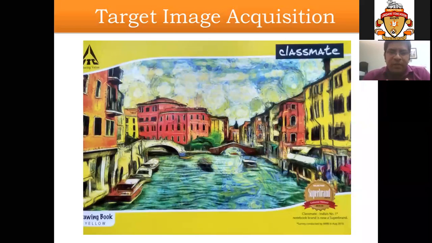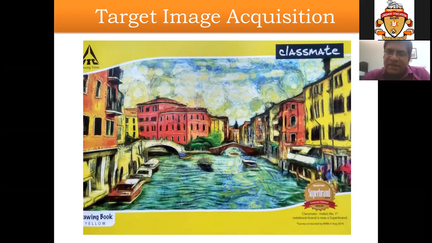For developing our application, I have used the image of a drawing book as a target image. That means whenever the computer detects this image, whatever virtual object we create will be superimposed on this target image, right?